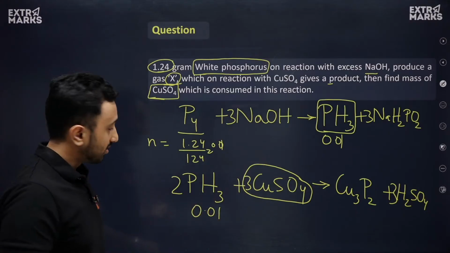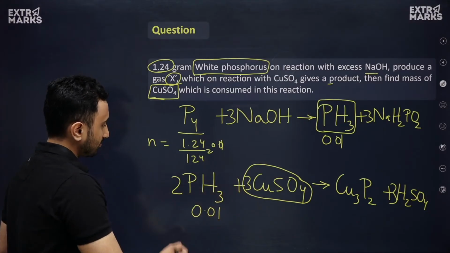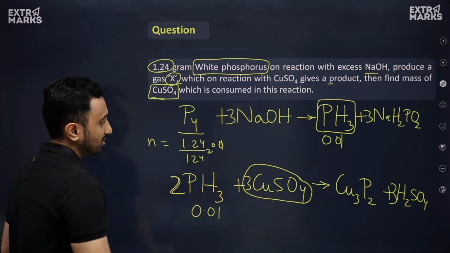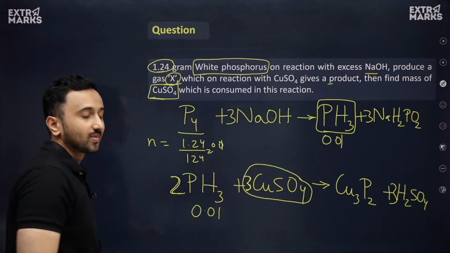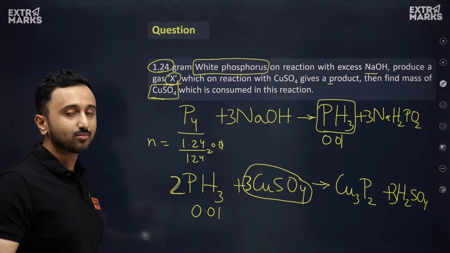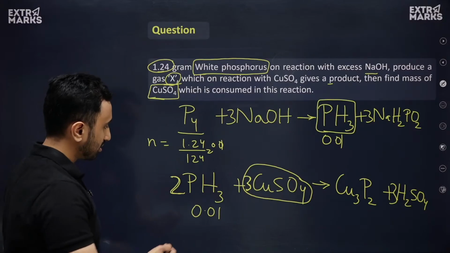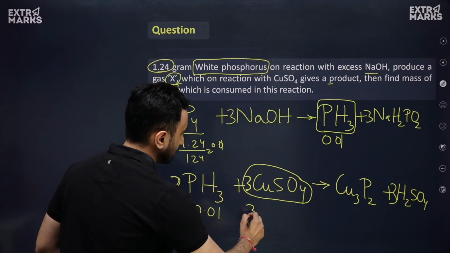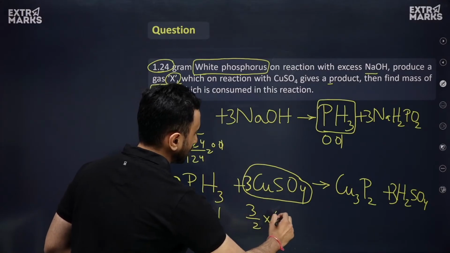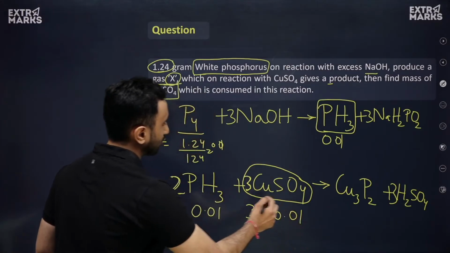According to this equation, 2 moles of PH3 will react with 3 moles of copper sulfate, but we only have 0.01 moles. So, using the stoichiometric ratios, we can do 3 by 2 into 0.01 moles of copper sulfate.